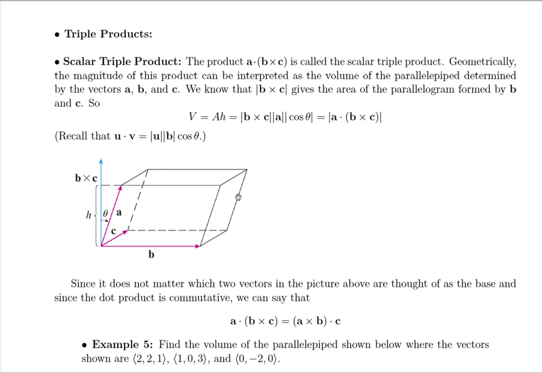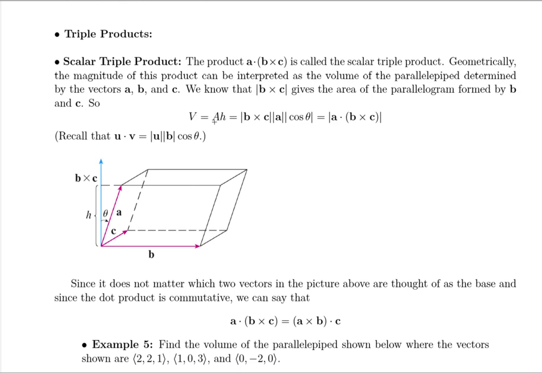So the answer is we can also get the volume of, it wouldn't be a parallelogram, but it's called a parallelepiped, which is just, I think, a 3-dimensional parallelogram. We can find its volume by taking the dot product of one of the vectors with the cross product of the other 2. Okay, so here's how this breaks down.